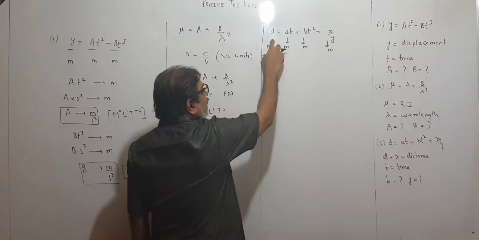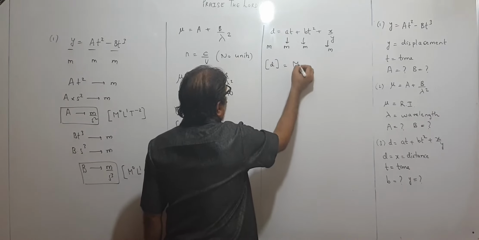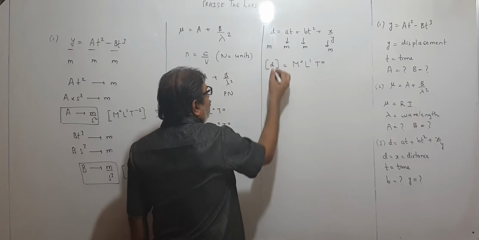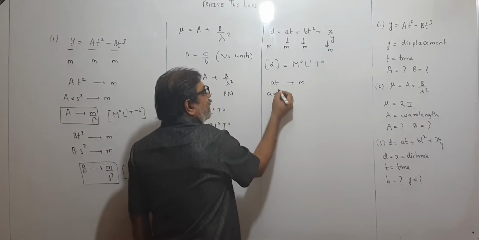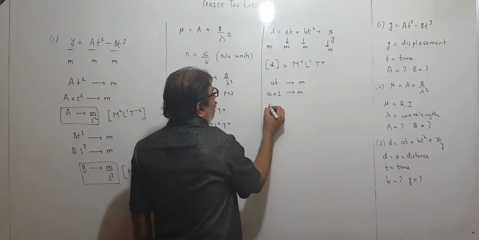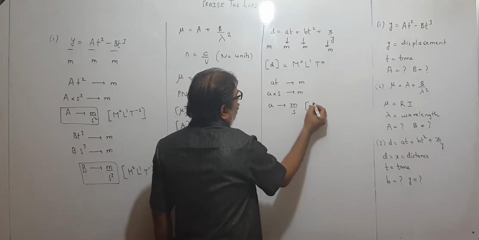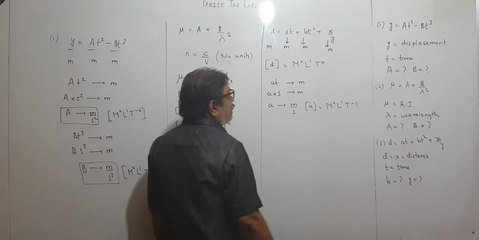So displacement is meter, so dimensional formula for D will be length, so M0 L1 T0. If I talk of AT, so AT has got unit meter. So A into second, time is second, that is meter. So A has got unit meter upon second. So what is dimensional formula for A? M0 L1 T minus 1.